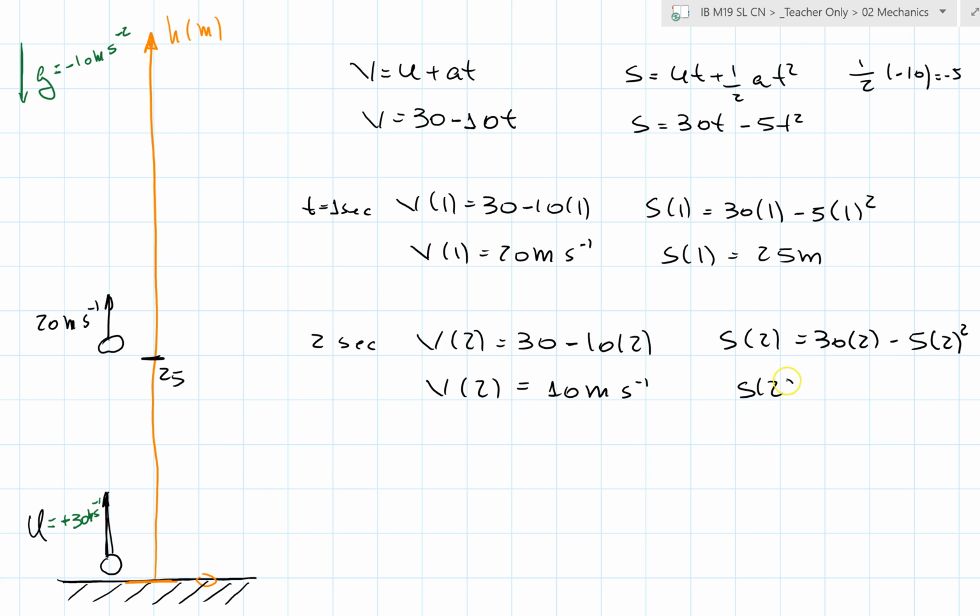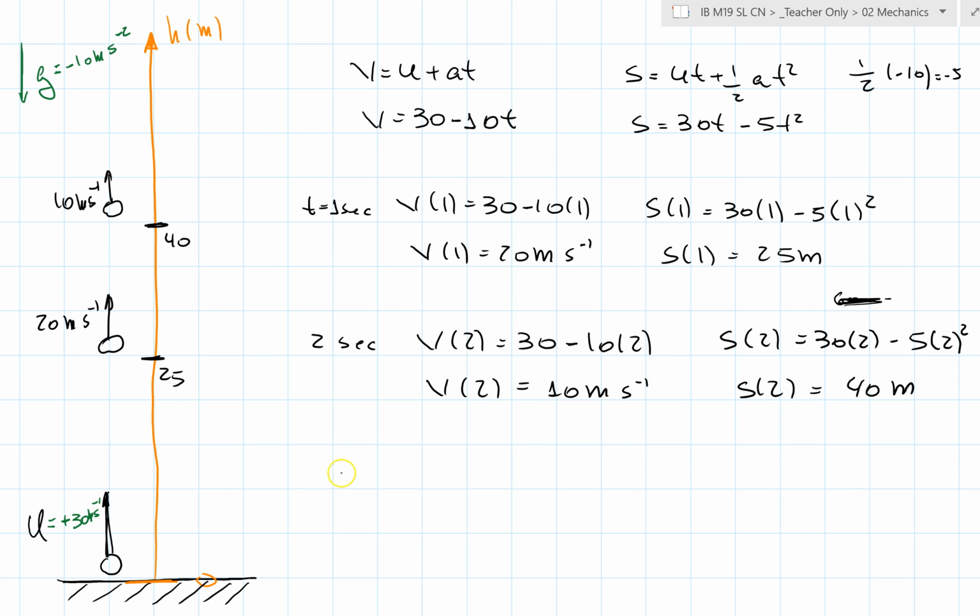And then s of 2 is going to be 40 meters. So 25, 30, 35, 40. My rock is going to be here, 40 meters above ground, I hope. Yeah, because 30 times 2 is 60, and 5 times 4 is 20, so yes, that's right. With a velocity of 10 meters per second.